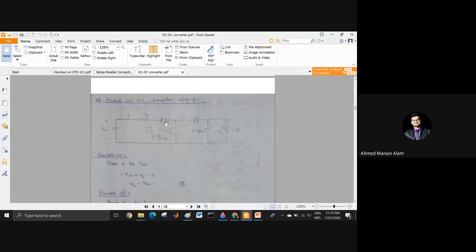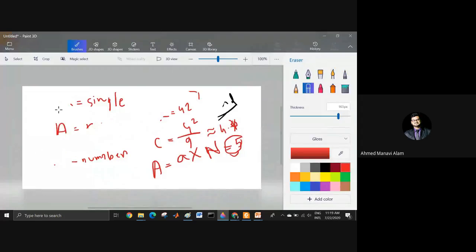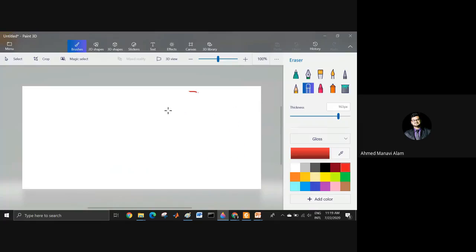The essence of DC to DC converter is very simple. The essence behind it is that we have to know the inductor voltage across the whole cycle. I hope you remember what the duty cycle is, what T on is, what T off is, etc. If you forget the duty cycle, just remember that there is some switch that is on for some time, then off for some time.